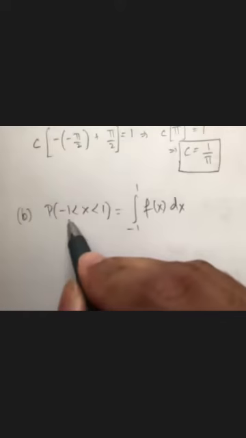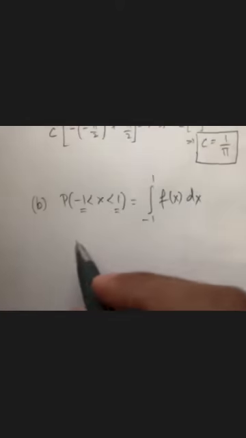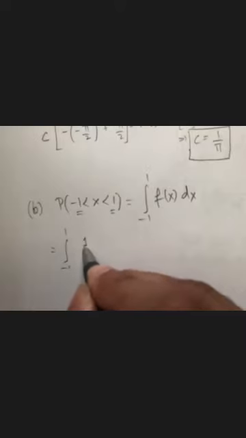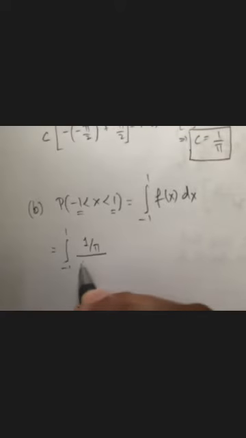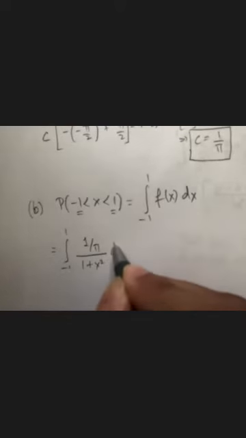So we have to solve this definite integral from negative 1 to 1. So these serve as the bounds of the integration. Right? 1 over pi c.